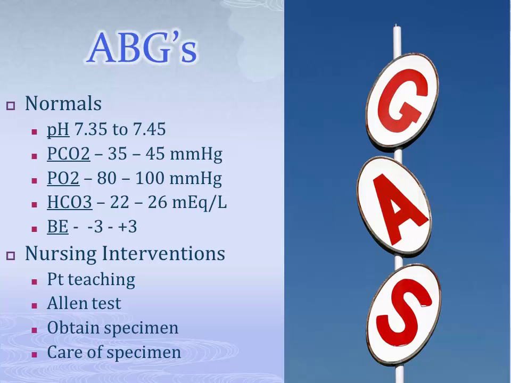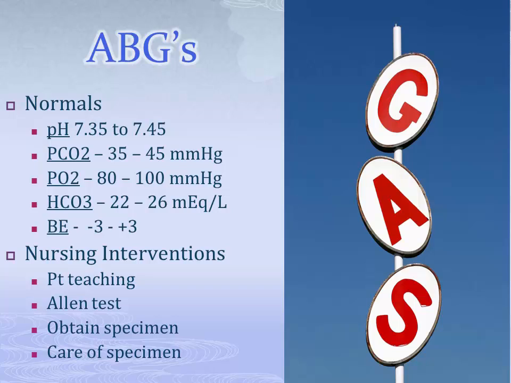So we measure acid-base balance by taking ABGs. ABGs are arterial blood gases. That's why we have the gas picture. So the normal pH is 7.35 to 7.45.